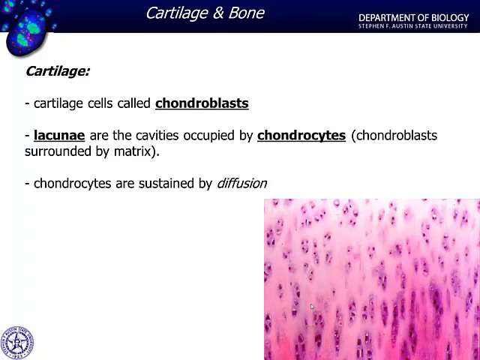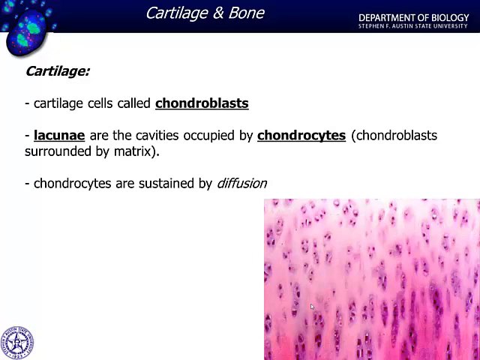The space within which the chondroblast resides is called a lacuna, and once they are completely surrounded, that's going to signal for them to lower their activity, and then they become chondrocytes. So initially chondroblast, fully matured and surrounded, chondrocytes.